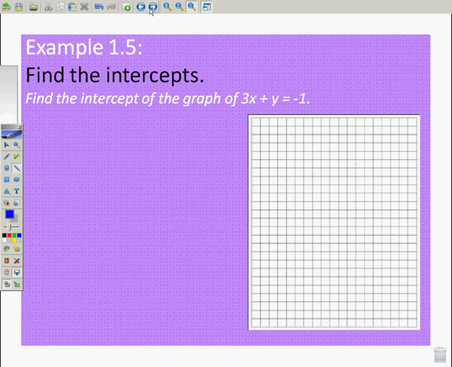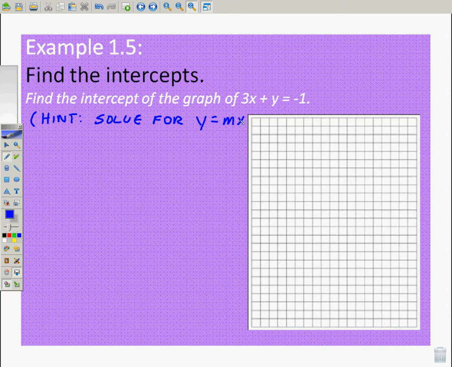Now, in the next example, take some time. Go ahead and pause the video right now. See if you can write down this example and find the intercepts of the graph 3x plus y equals -1. I'm going to give you a hint.